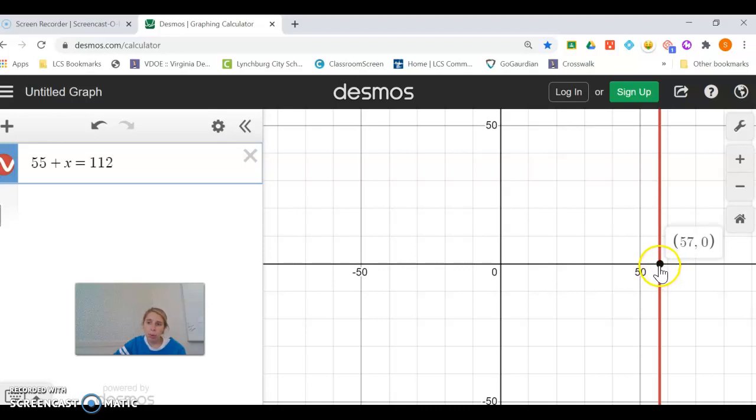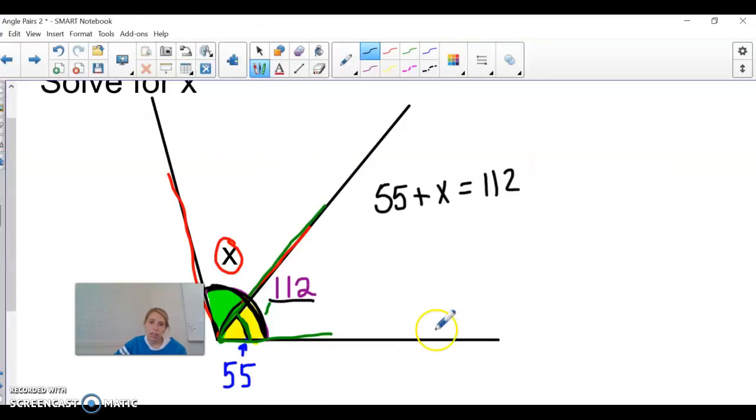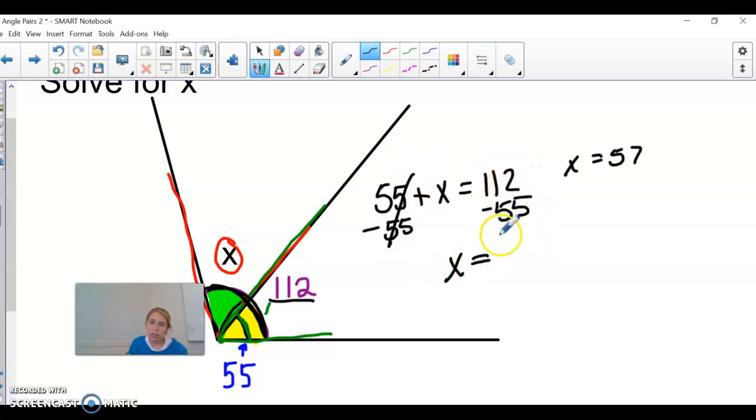It'll give you a point, and if you click on it, it tells you 57. So I know that x is going to equal 57. If you're solving it by hand, you would subtract 55 from both sides, and that would cancel out there, and we're left with x equals 112 minus 55, which gives us 57. So we get the same answer either way.